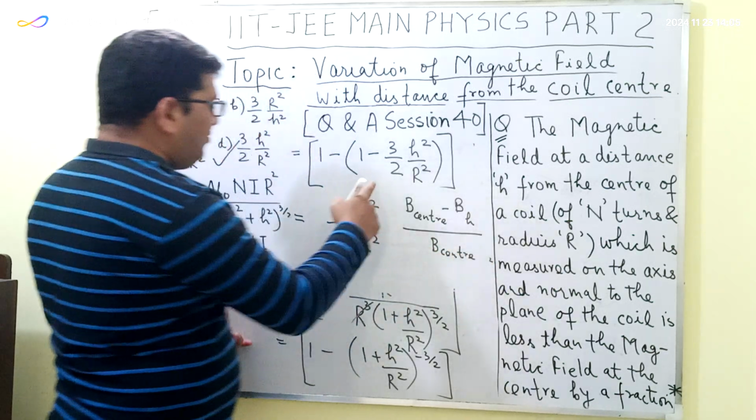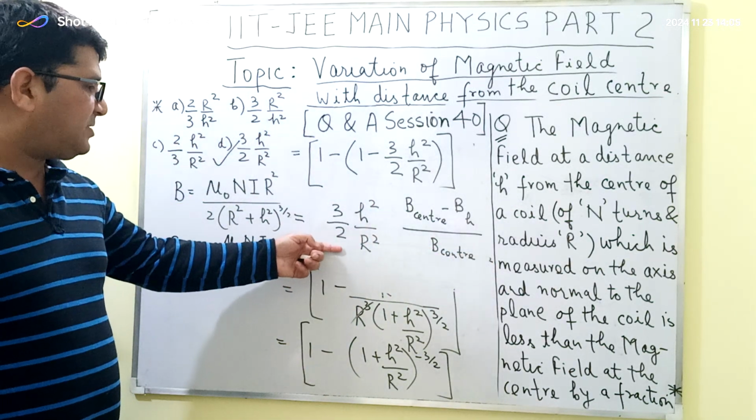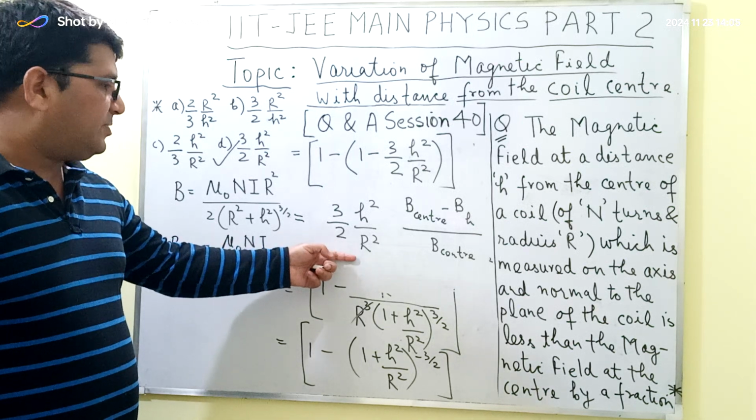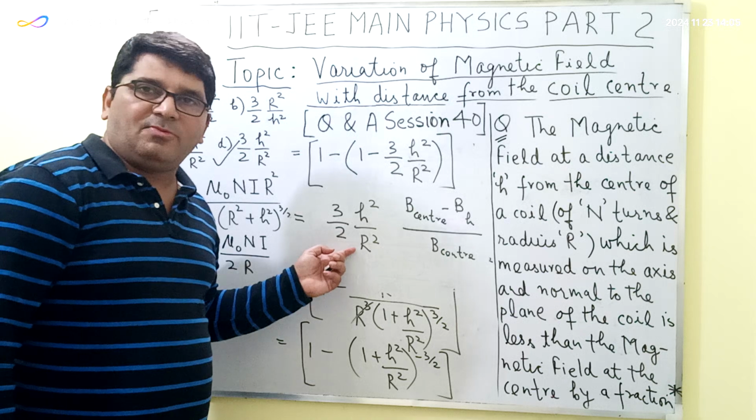So by using this formula, we finally found the fractional decrease in the value of the magnetic field at a distance h, which is lying on the axial line of the coil.